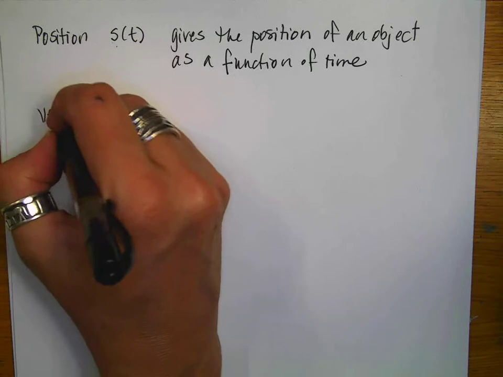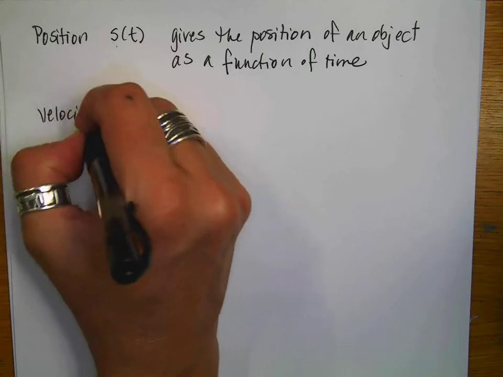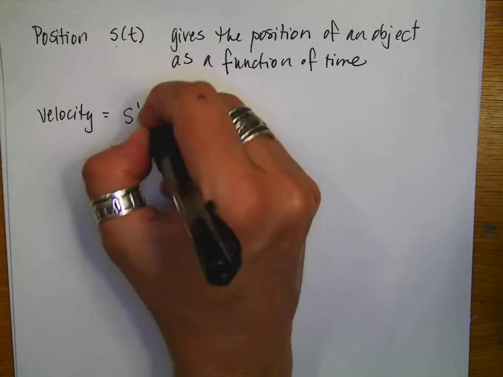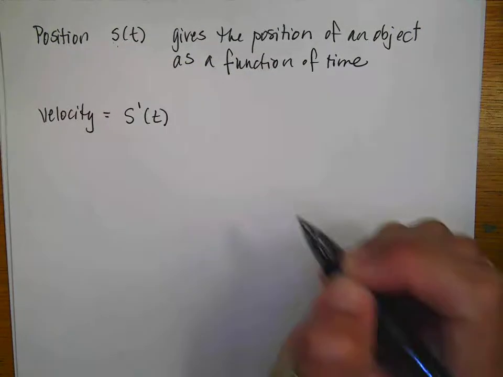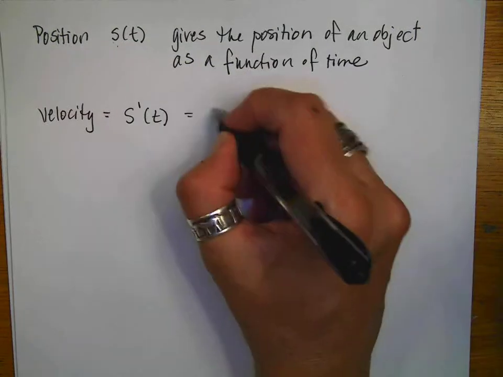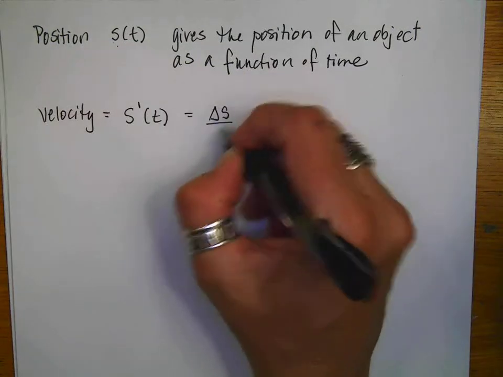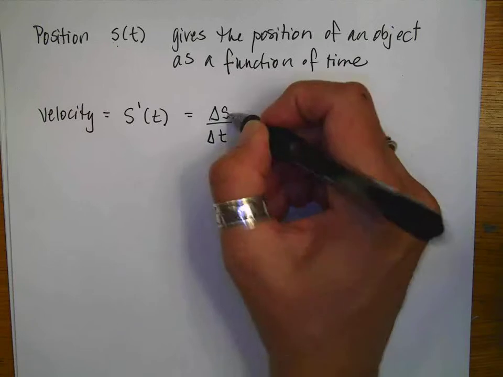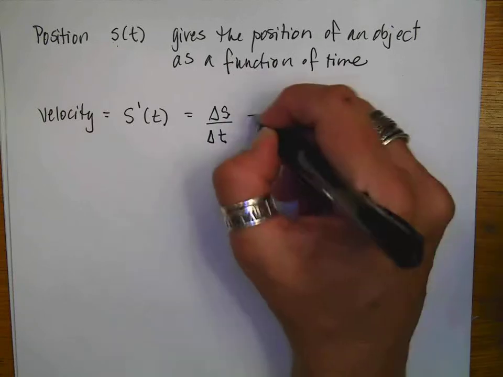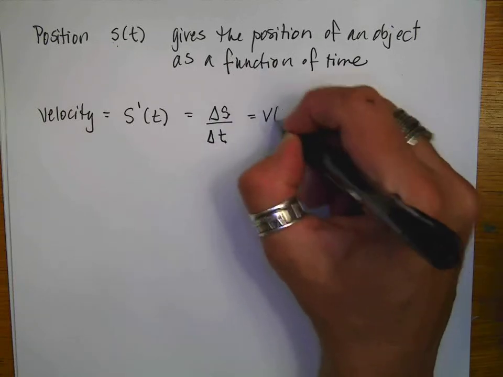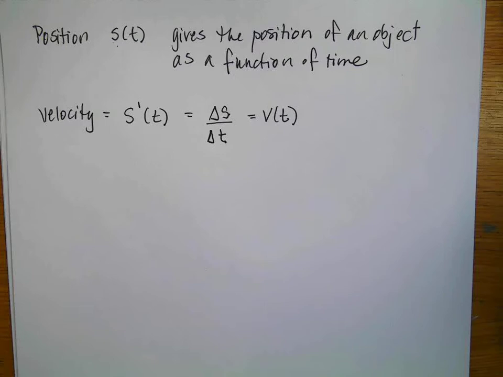So in calculus, the velocity is going to be the derivative of position, which means that I'm going to do delta s over delta t, the change in s over the change in time. So that's going to give me velocity.